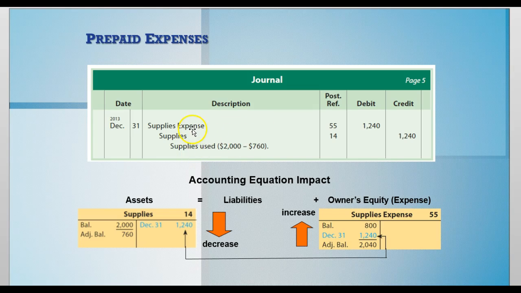We're going to increase the supplies expense here by $1,240, and we're going to decrease the asset by $1,240, which is our supplies account. And you can see when we do that, we are keeping things in balance. I'm crediting here, and I'm debiting over here on the expense side.